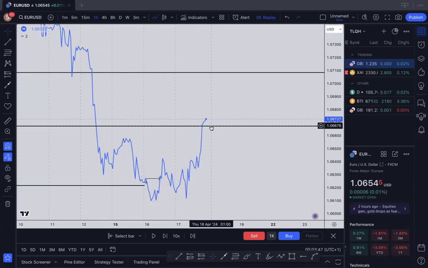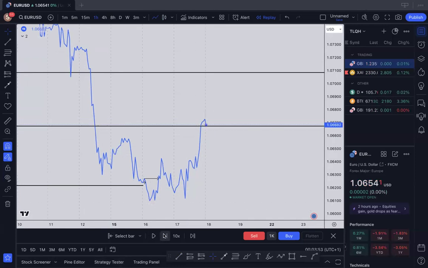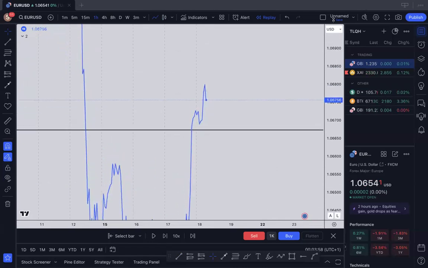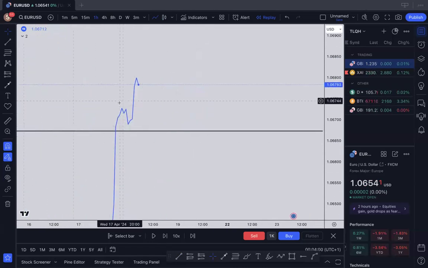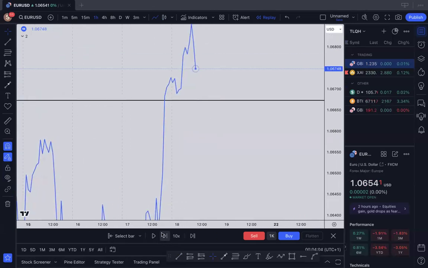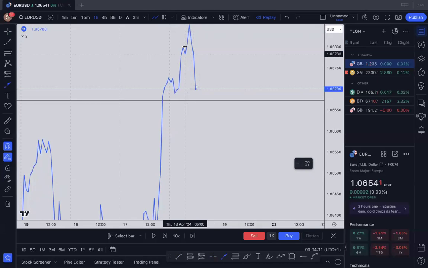However, are we bullish? Sorry, are we bearish? No. Why are we not bearish? Because we haven't had that QM. Okay, so now we have a possible candidate for that QM because we've taken out this high. Okay, we've just taken out another high and we are yet to close below. So it's very important that we get that close.